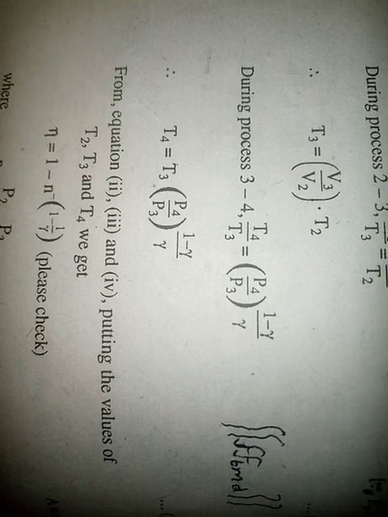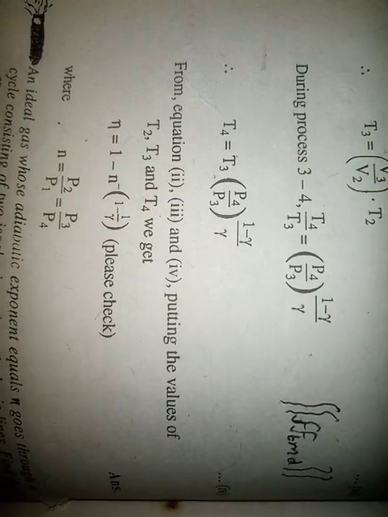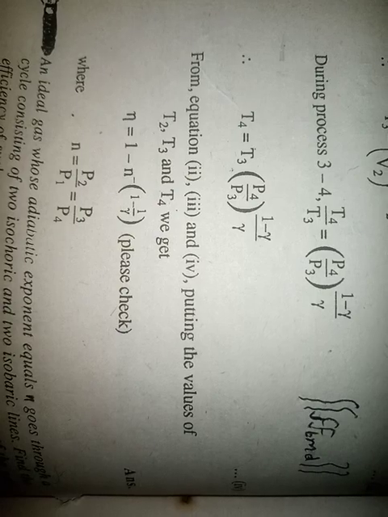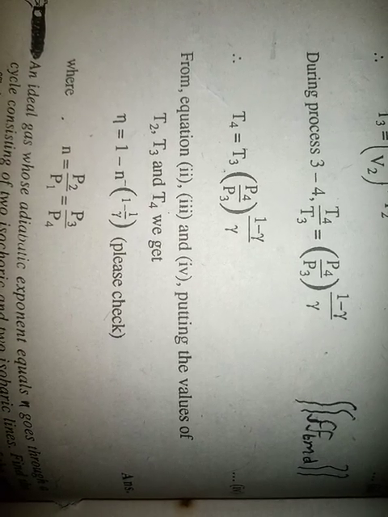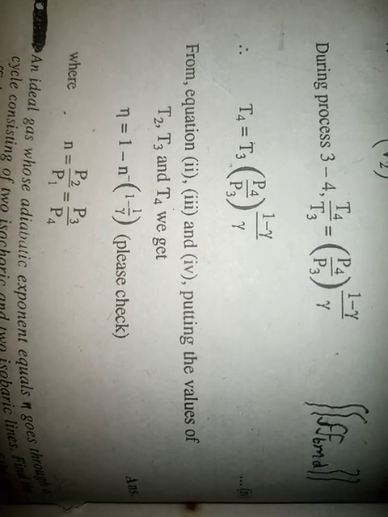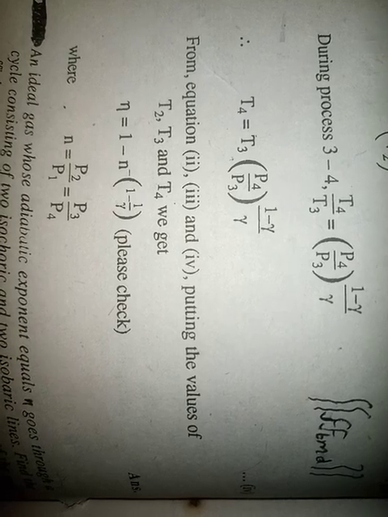Hence T4 equals T3 (P4 by P3) to the power (1 minus gamma) by gamma. From equations 2, 3 and 4, putting the values of T2, T3, T4, we get eta equals 1 minus n to the power minus (1 minus 1 by gamma), where n equals P2 by P1 equals P3 by P4.